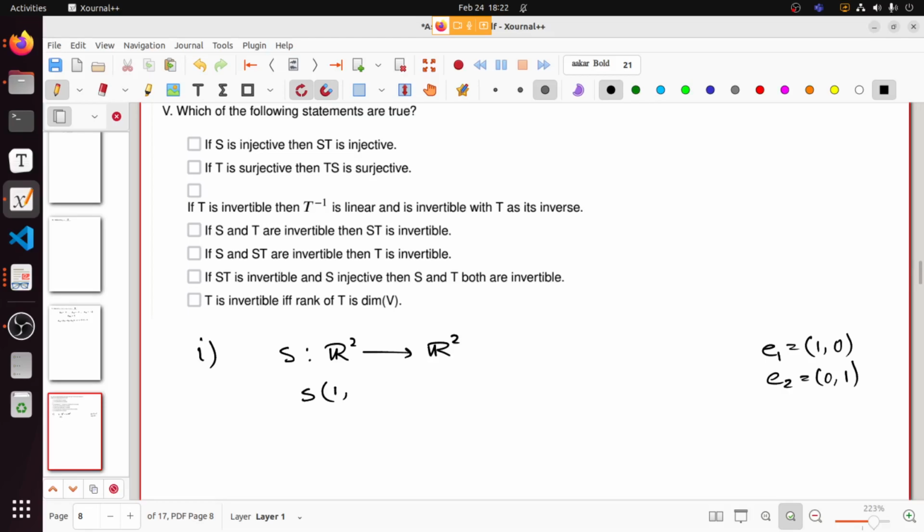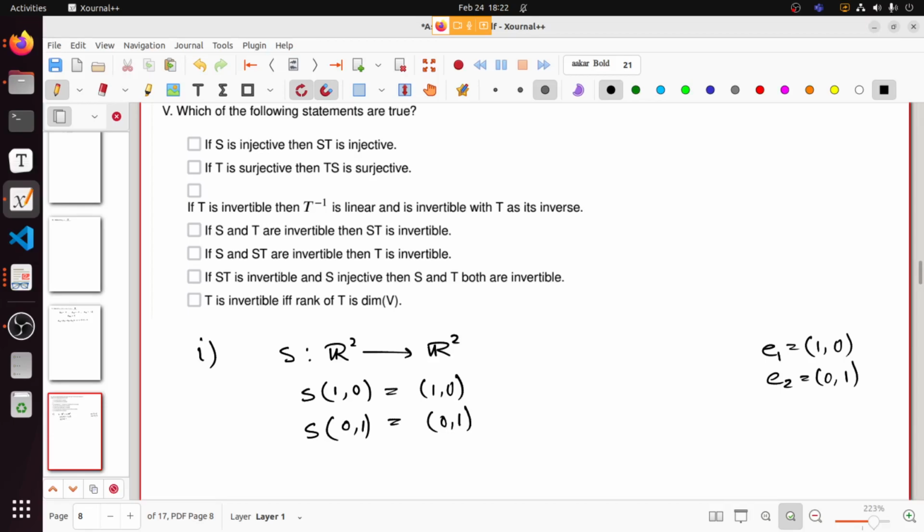Then we can extend it linearly. So define S of 1 0 is 1 0 and S of 0 1 is 0 1.